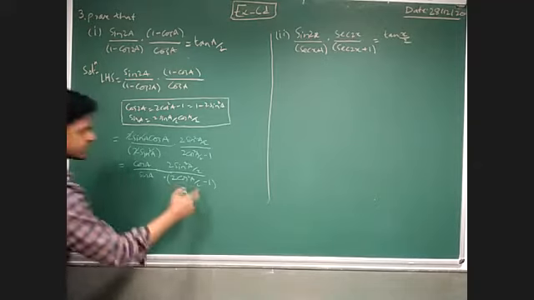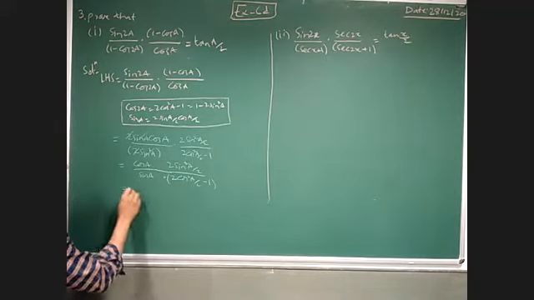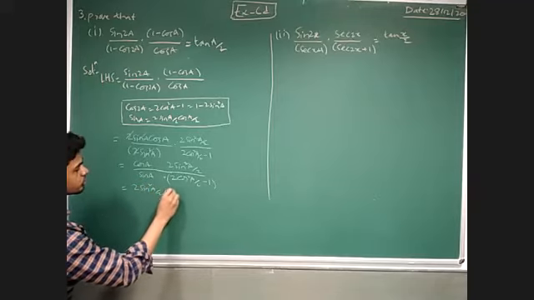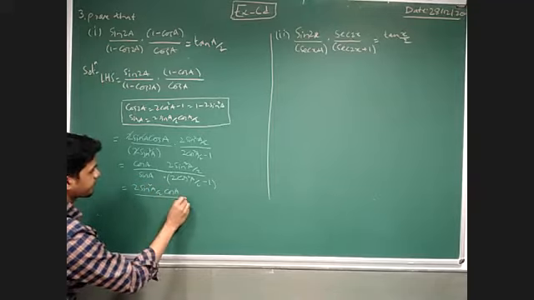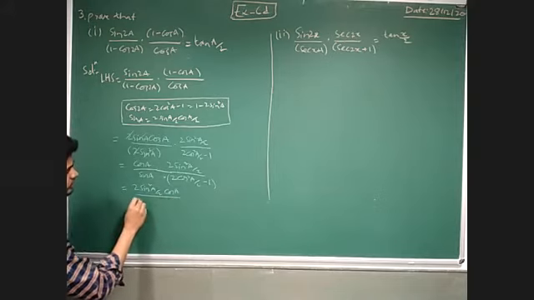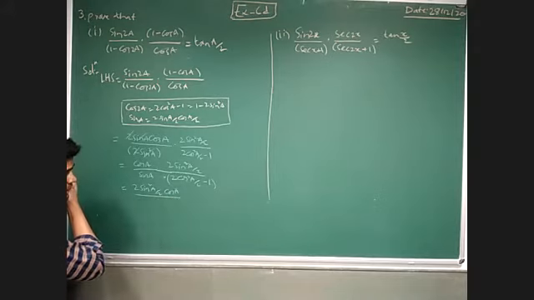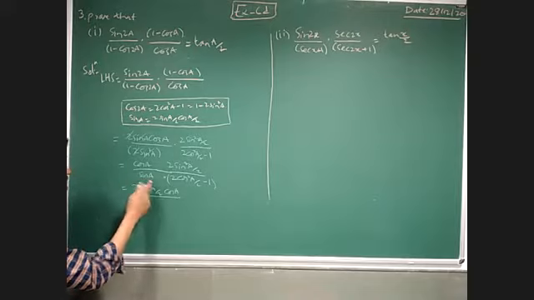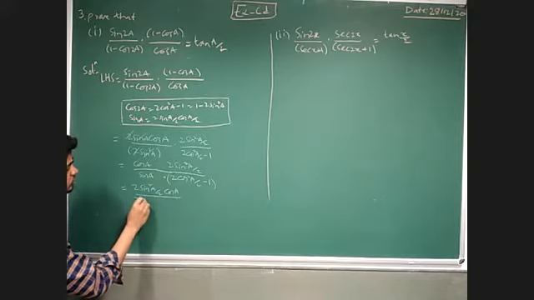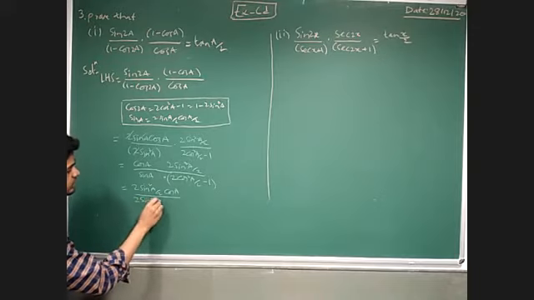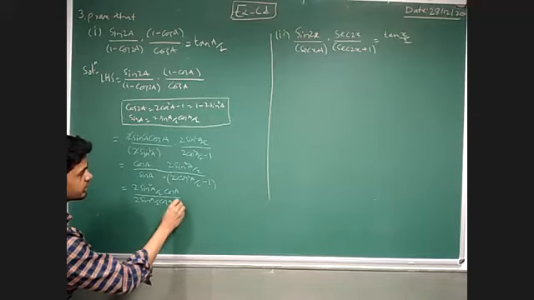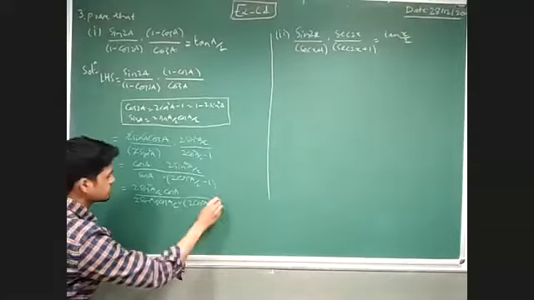Just multiply sin A with here, so you will get 2 sin square A by 2 cos A, and here, since I have a sin A here, I can write 2 sin A by 2 cos A by 2 into 2 cos square A by 2 minus 1.